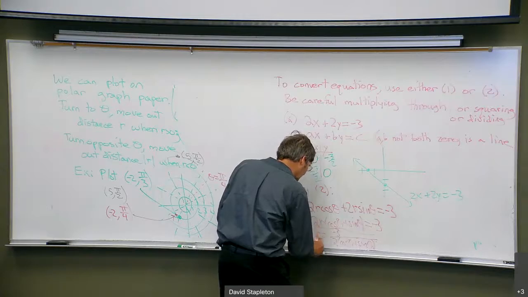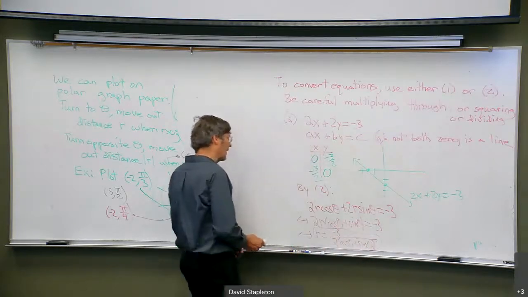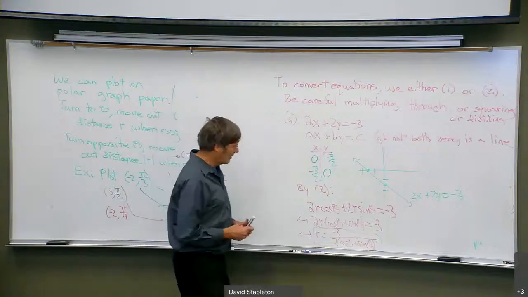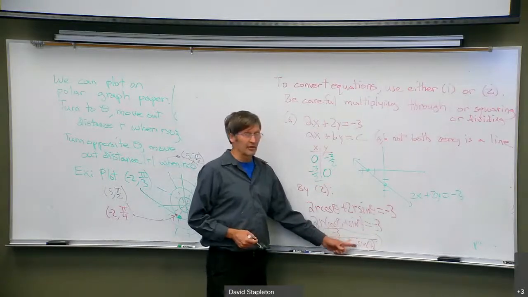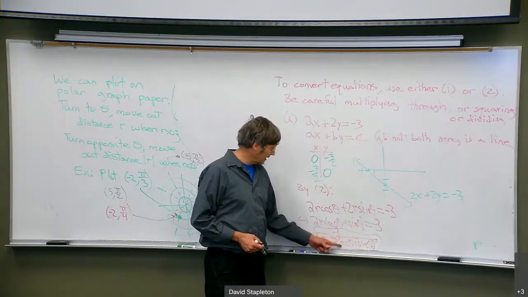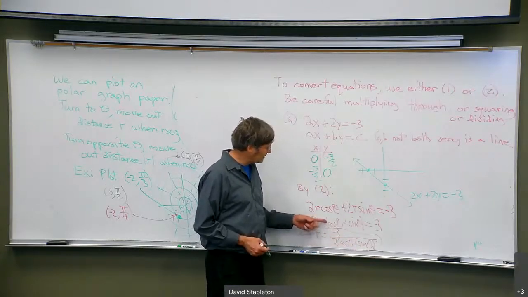So there's r written as a function of theta. Now you see there's a problem. When I divide through, maybe cosine theta plus sine theta is 0, right? If that's equal to 0, I have a division by 0, so I should have just kept this equation, right?